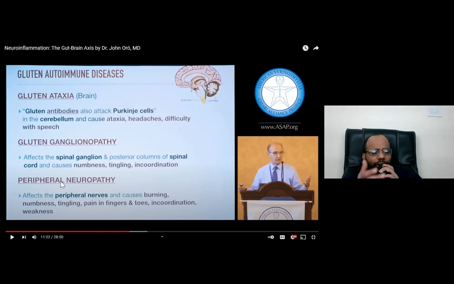But if you see lectin, which is a product of gluten, it penetrates the blood-brain barrier because its molecular size is small, and then you can see how many autoimmune diseases, gluten autoimmune diseases, can be produced. Eating roti creates such a big mess, eating bread creates such a big mess, drinking beer creates such a big mess. Now you can see it here.